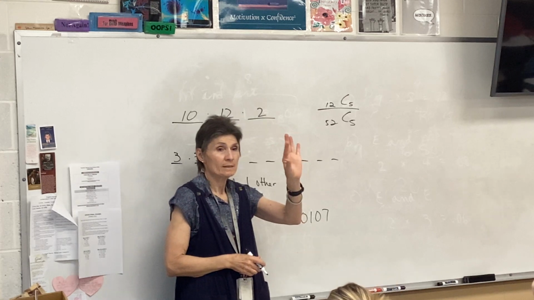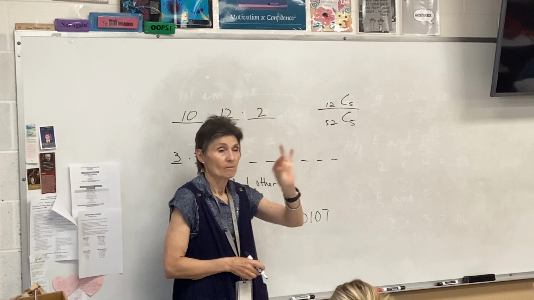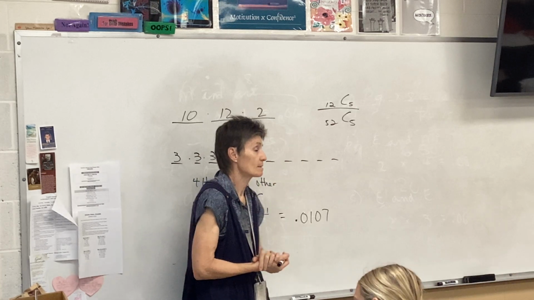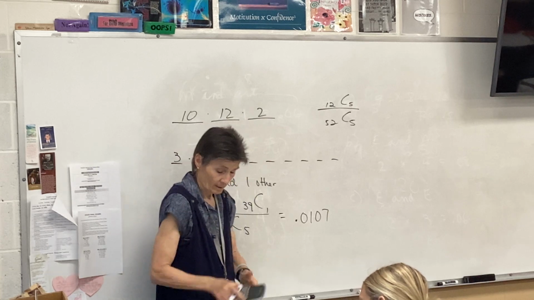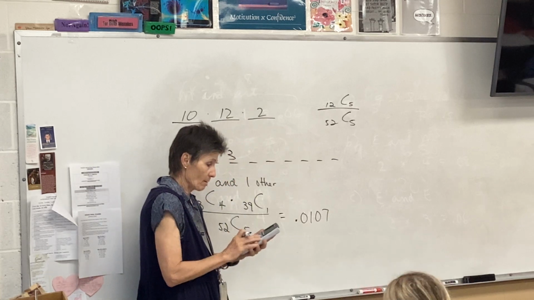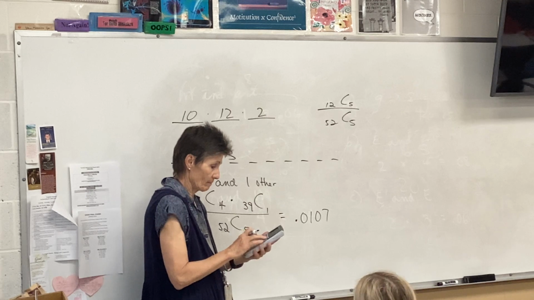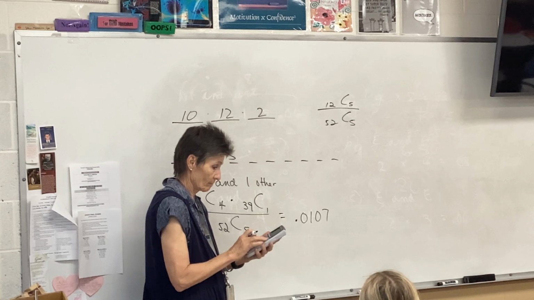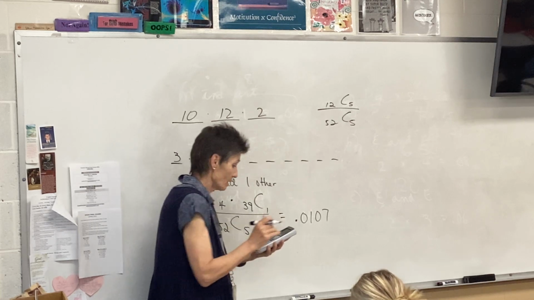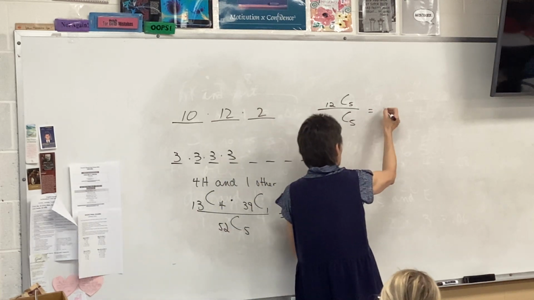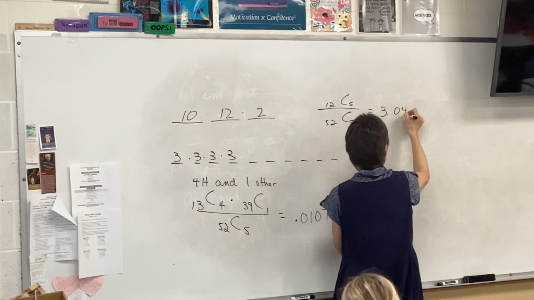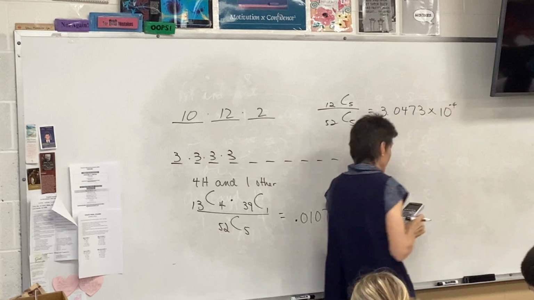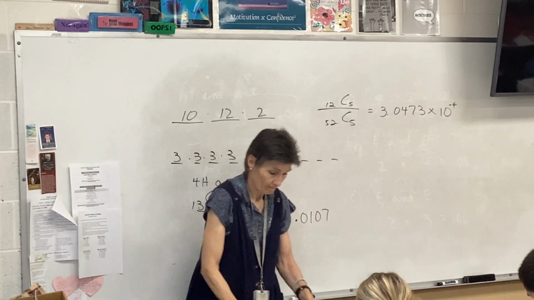Jack, Queen, King, 4 suits. So 4 jacks, 4 queens, 4 kings. 12 cards. And that one is scientific notation. So 3.0473 times 10 to the -4.